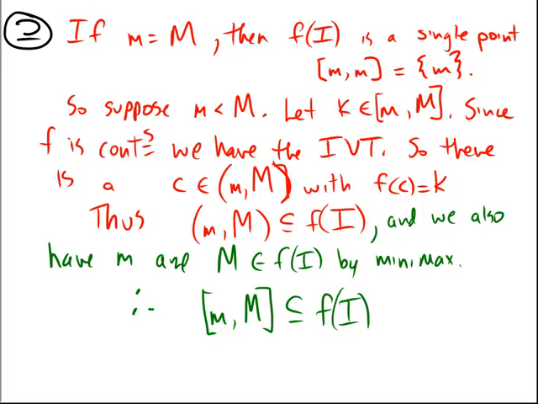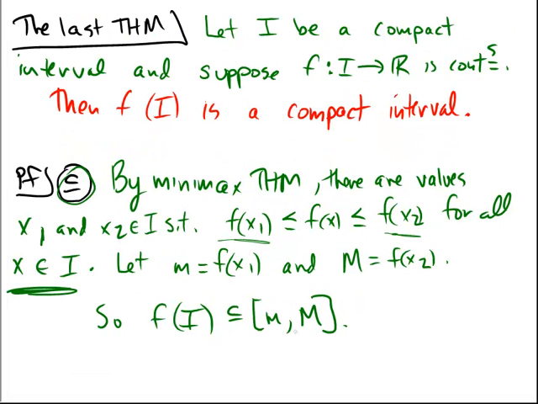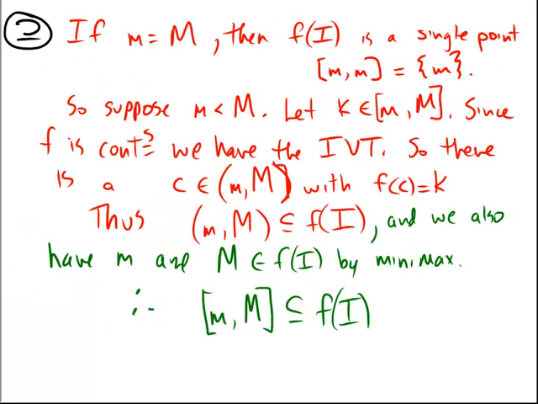We have f of I contained in m to M, and over here we have m to M being a subset of f of I. So f of I equals m to M. It's definitely compact because it's a closed bounded subset of the real numbers, so Heine-Borel tells us this is compact, and it is an interval because we showed it's actually equal to the interval from little m to big M.